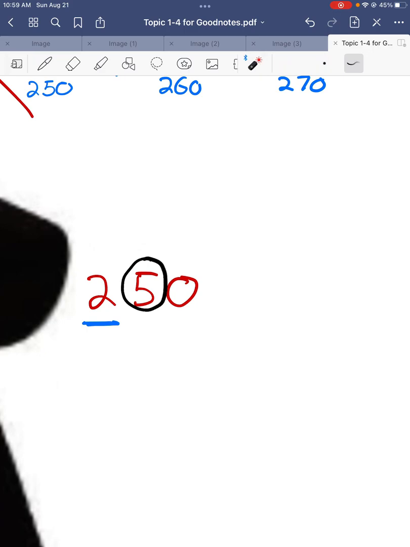You can also think of it like this: the number you're rounding is the baby, and the one that's circled is the mom. The mom is going to tell the baby what it's going to do.